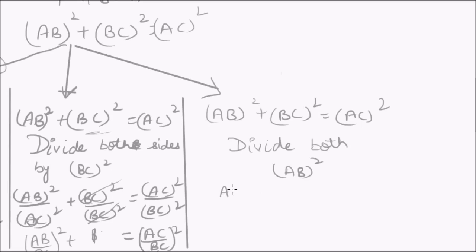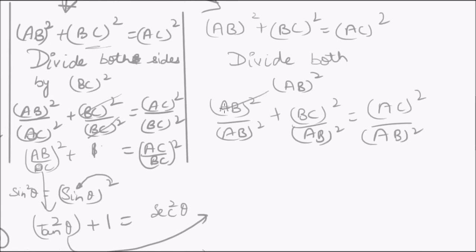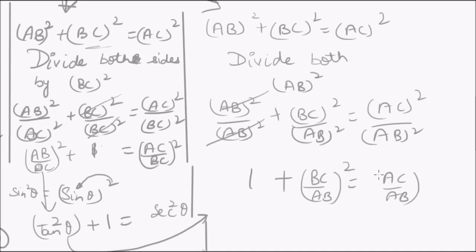So we get AB whole square over AB whole square plus BC whole square over AB whole square equals AC whole square over AB whole square. So now this AB square cancels this AB square and we are left with 1 plus BC over AB whole square equals AC over AB whole square.